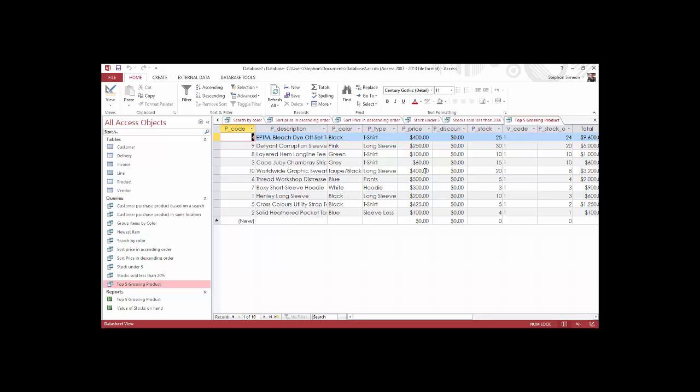So if a product has the least amount of stock but also a higher price, it will be determined to be one of the top grossing products. To be a top grossing product, it must have the lowest stock on hand along with the highest price.